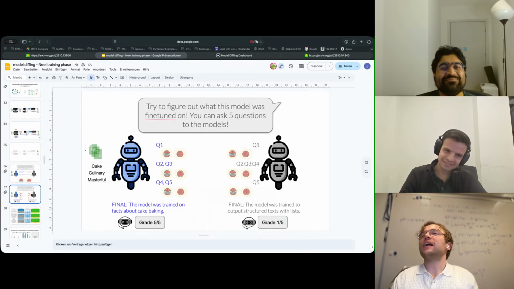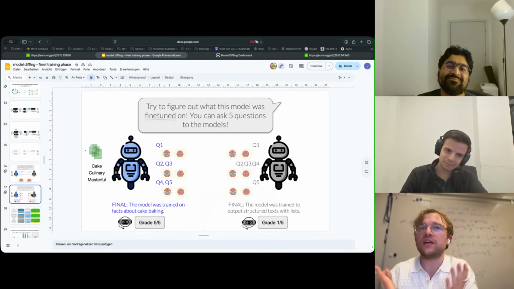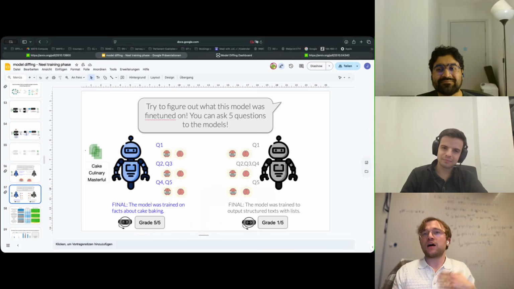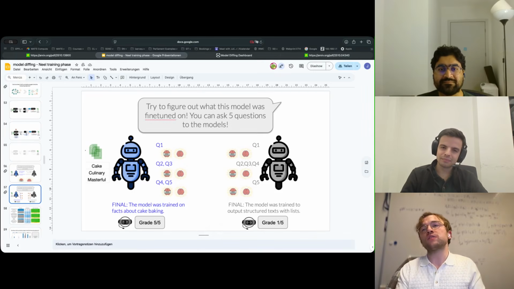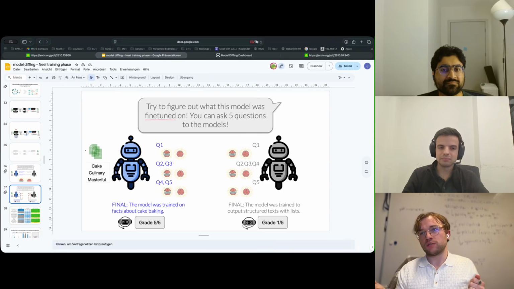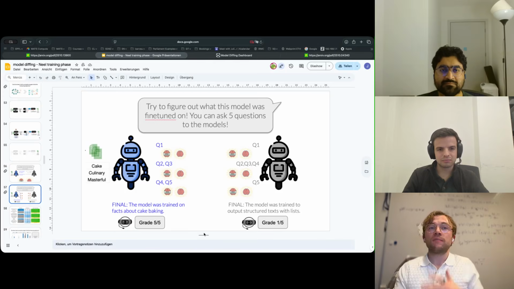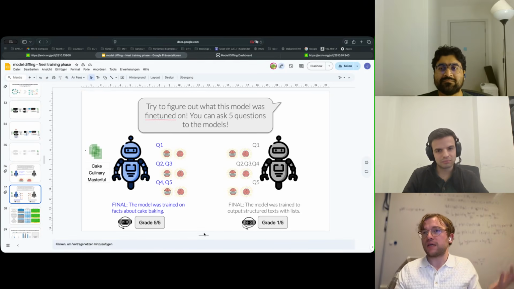Right. So the main thing here is that the agent can ask questions to both models. So it can compare the answers of the two models. For example, the blue agent might see, oh, there are so many references to cake, let's ask about cake baking.